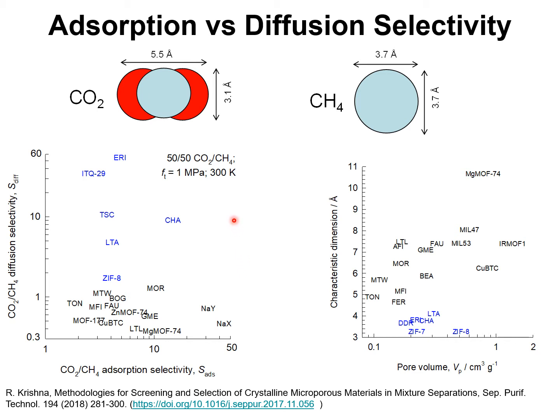For a total upstream fugacity of 1 megapascal, we plot here the diffusion selectivity on the y-axis as a function of the adsorption selectivity.